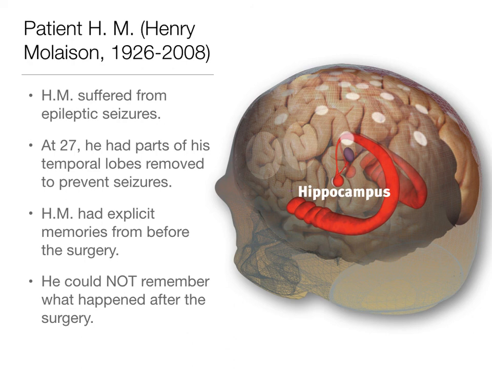He couldn't tell you if his kids were born after 27. He wouldn't have been able to form explicit memories of how that birth went, any of the information around that. He wouldn't have been able to learn new memories, so he wouldn't be able to, say, take a college class and learn a whole new topic. That's not something that HM could have done.